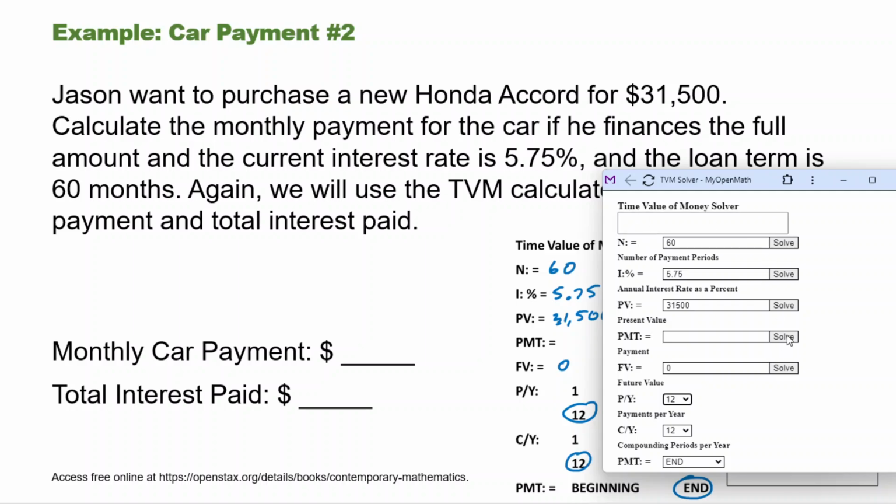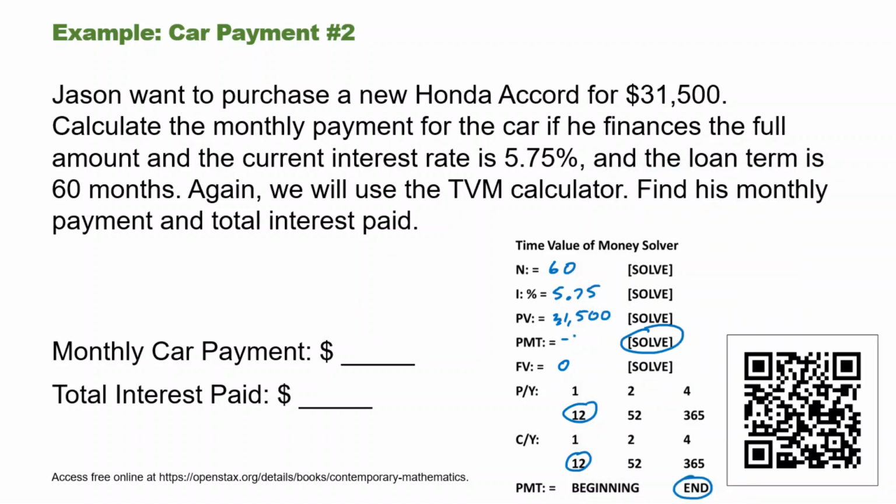Now we can click solve on the payment line and see that we have negative 605.33, which means the monthly car payment is $605.33.